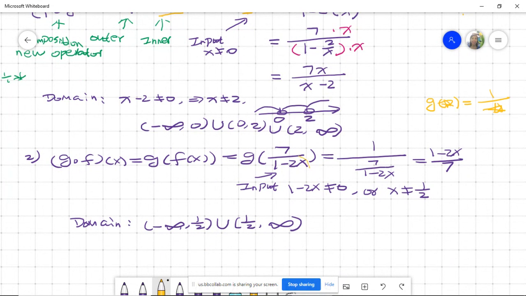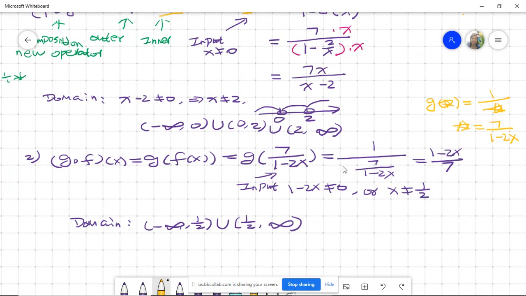This whole thing can be considered the star in here. So what is my star here? My star here is 7 over 1 minus 2x.